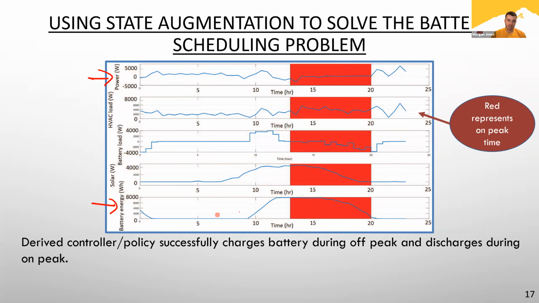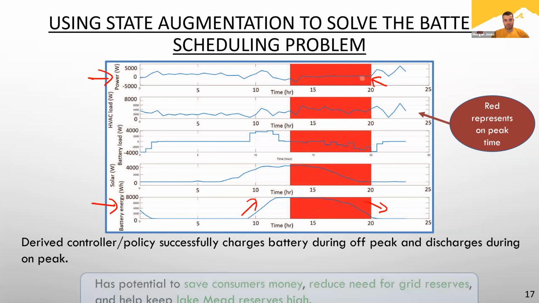So as you see, as we approach the on-peak, the battery begins to charge, and during the on-peak period, the battery discharges. And this results in the power being stabilized, and there's not many peaks. So this would reduce the demand charge.